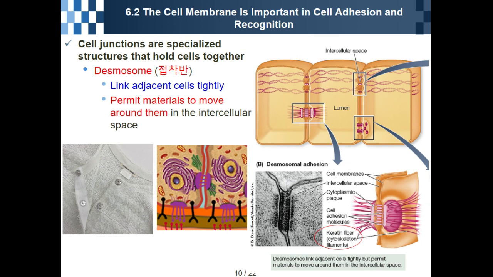One button, the other button is like this. This is the structure we call the desmosome. But the important thing is that this is permeable. The main difference between tight junction and desmosome is that the tight junction is impermeable, but the desmosome is permeable.